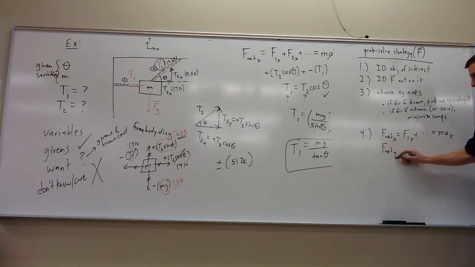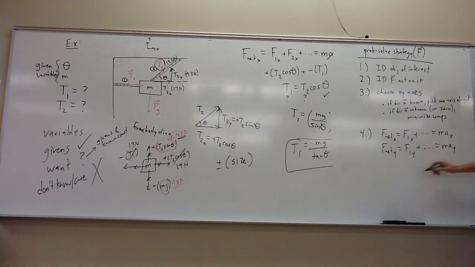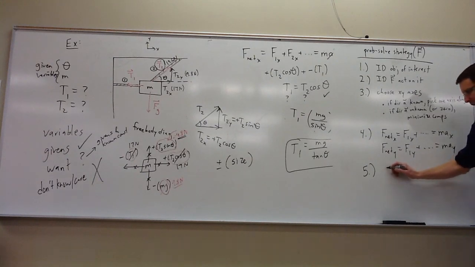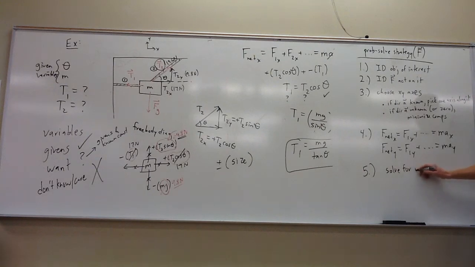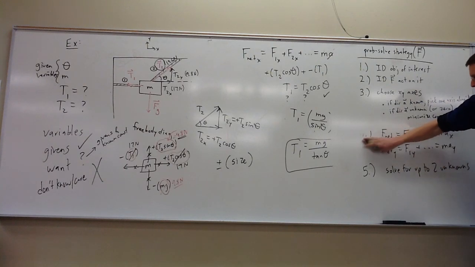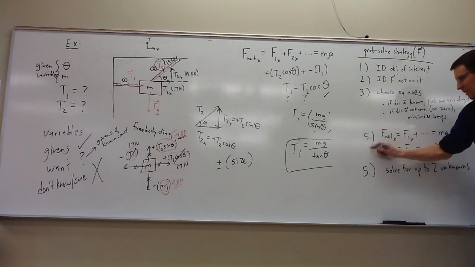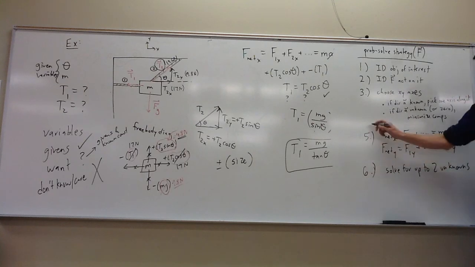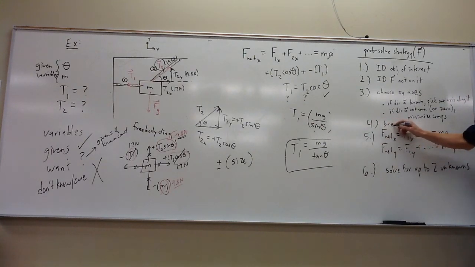F net y, broken up into components, and so on, that gives you your y acceleration, and then you solve for up to 2 unknowns. That's basically your strategy. Oh, and I usually number this in 6 steps, I skipped a step. So this is step 5, and this is step 6. And step 4 is just to break into the components before you do that.